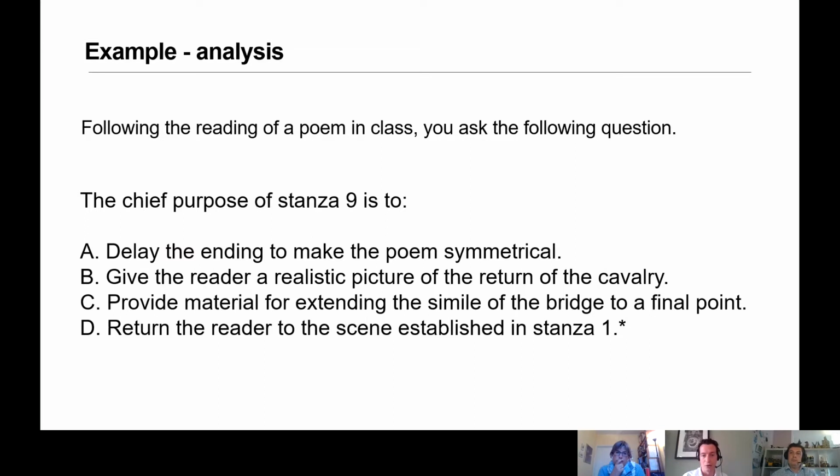So this is a multiple choice question with an objective correct answer, which has all the benefits for students in terms of knowing what it is that they need to do as part of the response to the question. But also as an assessor, as someone looking to understand what the students know, you can see that if students answer correctly in this sense, they've been able to analyse the actual ambitions and the aims of that particular stanza, in this case stanza 9.